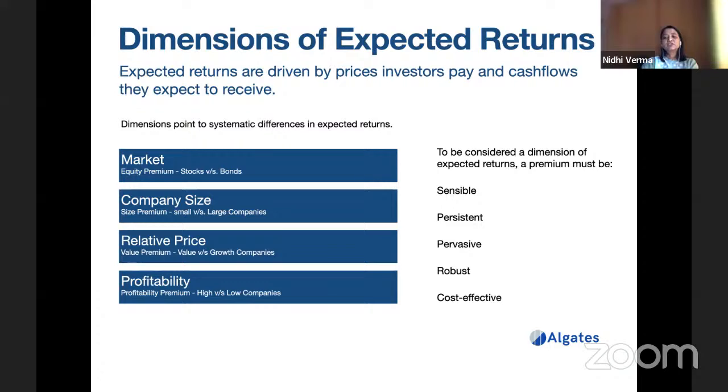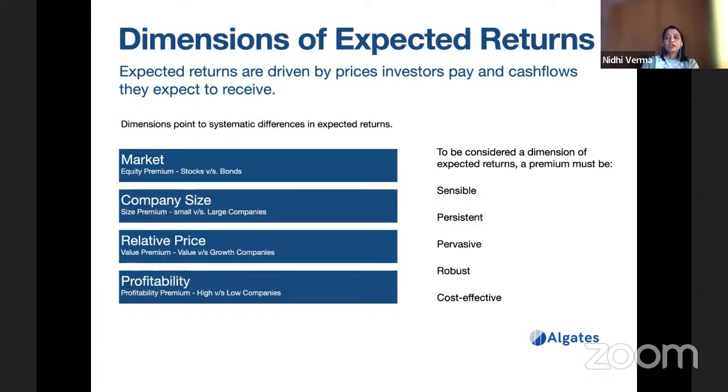And cost effective is also important because whatever we are doing, there is a cost associated with that, in terms of the transaction cost as well as the time and effort which you put in or your investment advisor is putting into that. So it should be cost effective, and the dimensions should be robust.